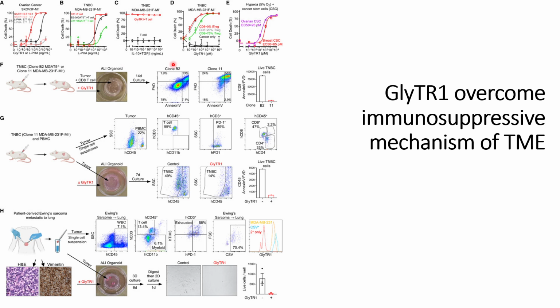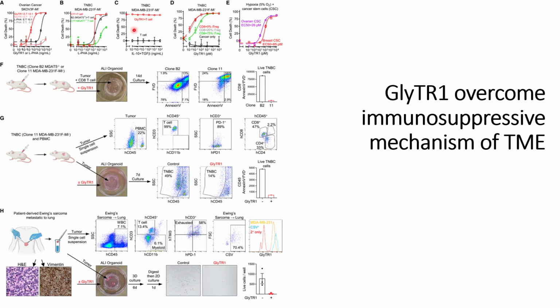And when they checked the triple negative breast cancer cells, for the effect of GlyTR1 with T cells, and only T cells, they see that when there are only T cells, there is no cell death observed.